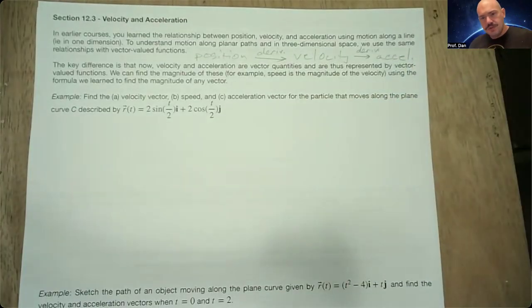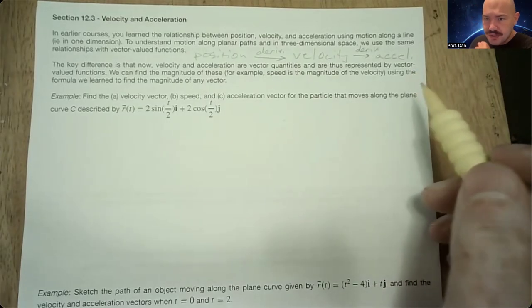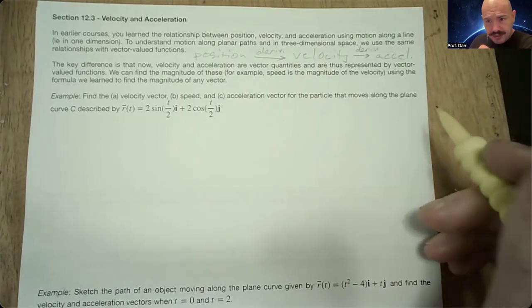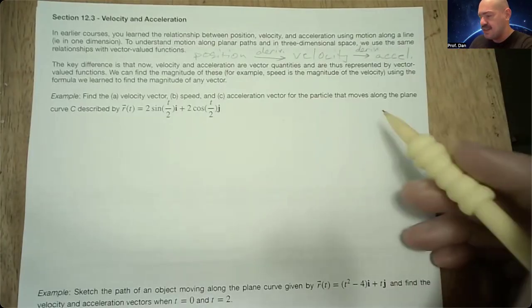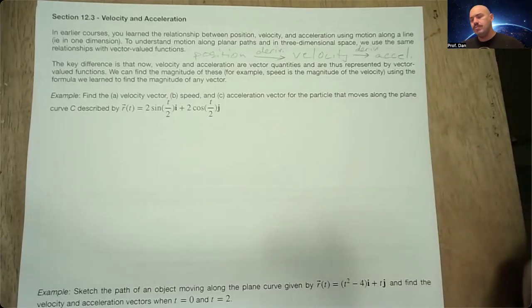And one of the most important things to remember is in physics, which is one of the main areas of study that applies calculus, acceleration is pretty important because force is mass times acceleration, right? So we're going to talk a lot about that in this section and the next 2 sections as well, really more so 12.5.